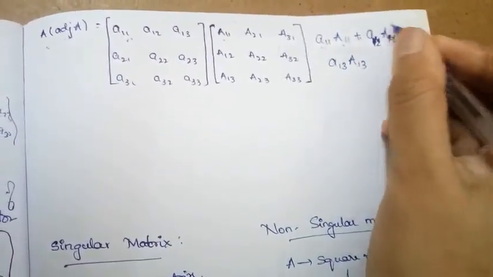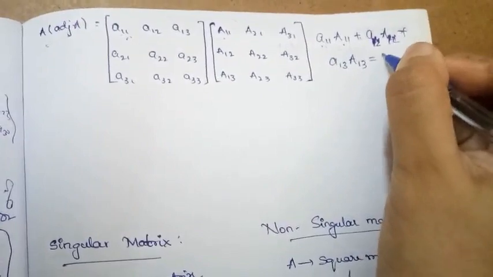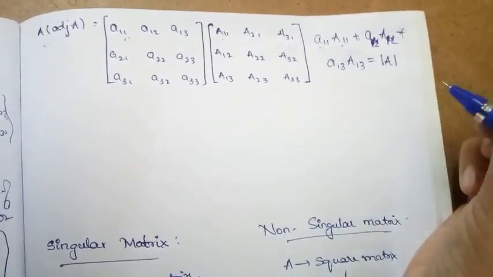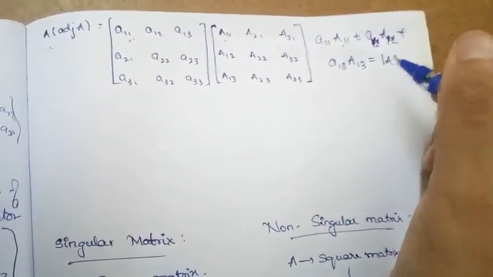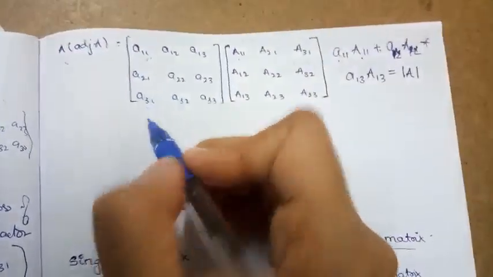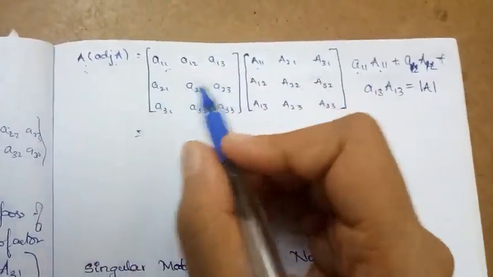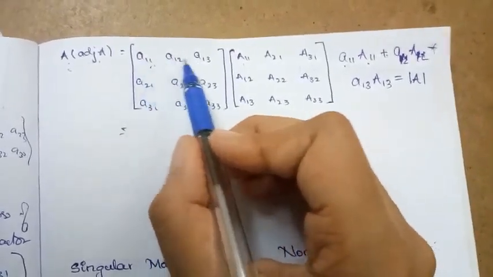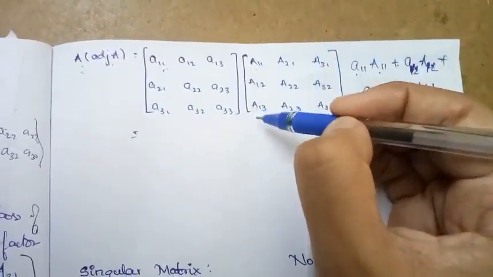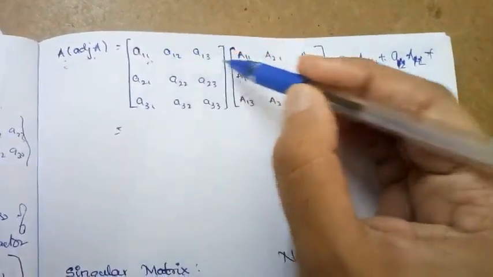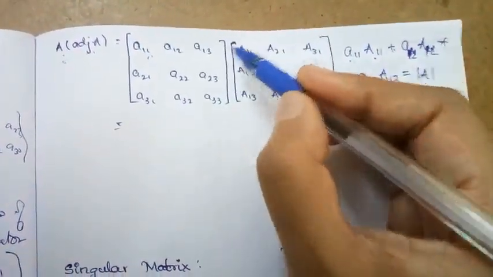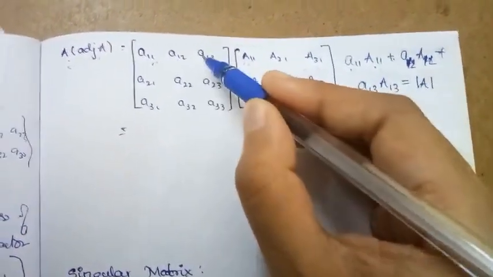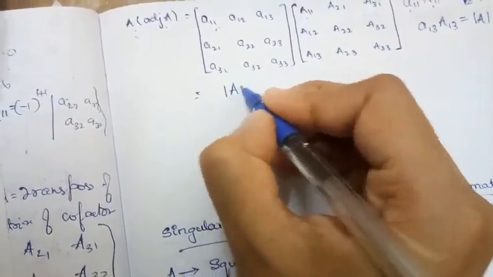If we add all these three, the value is nothing but the determinant A, which I have already mentioned in the previous video. So in the product A into adjoint A, first I am multiplying the first row elements with the cofactors of the first row elements and taking the sum: a11 into a11 plus a12 into a12 plus a13 into a13. That is nothing but the determinant A.